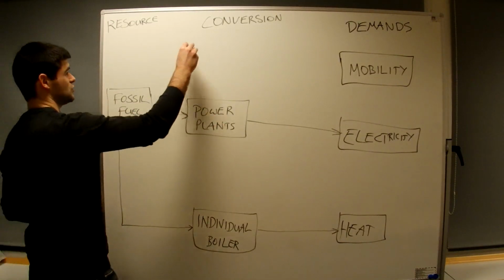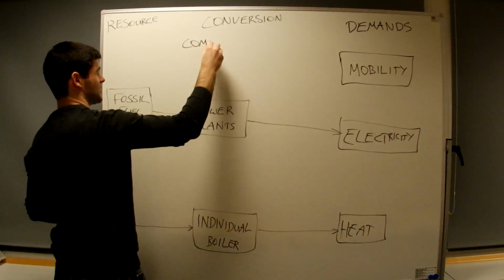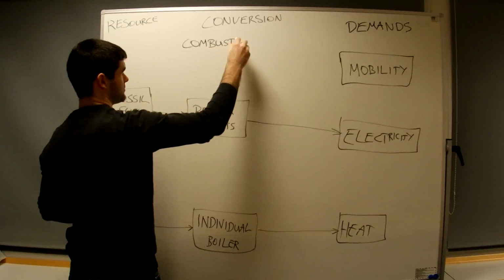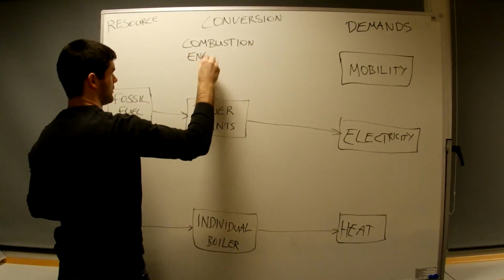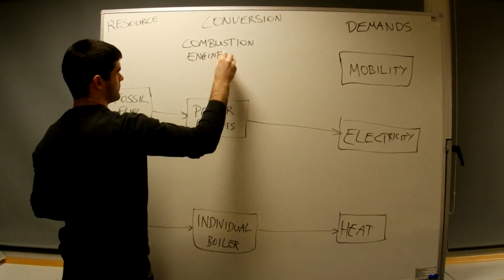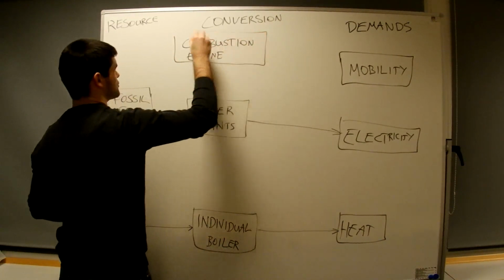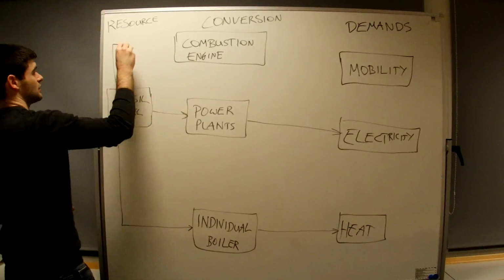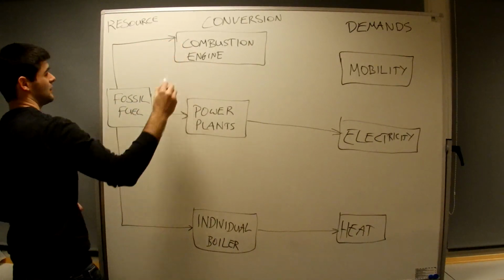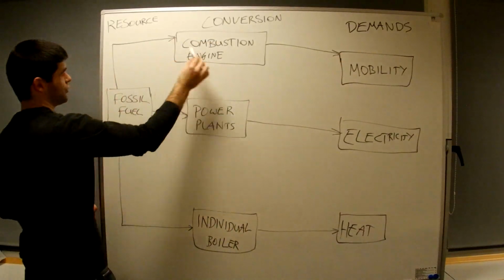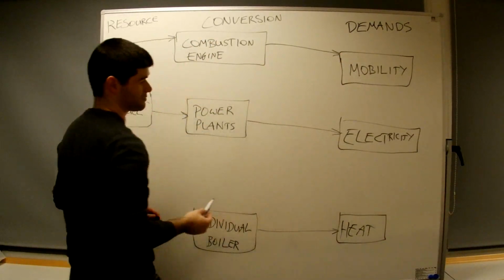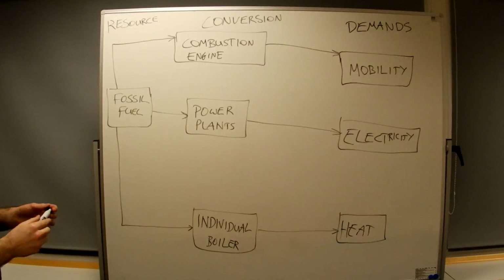For mobility, it's usually a combustion engine, so that could be the engine of a car or a ship or an airplane, some form of combustion engine. And for those combustion engines, it's almost always oil, and it can be gas, but it's almost always oil that's taken, put into a combustion engine, and we use that to provide some form of transport.